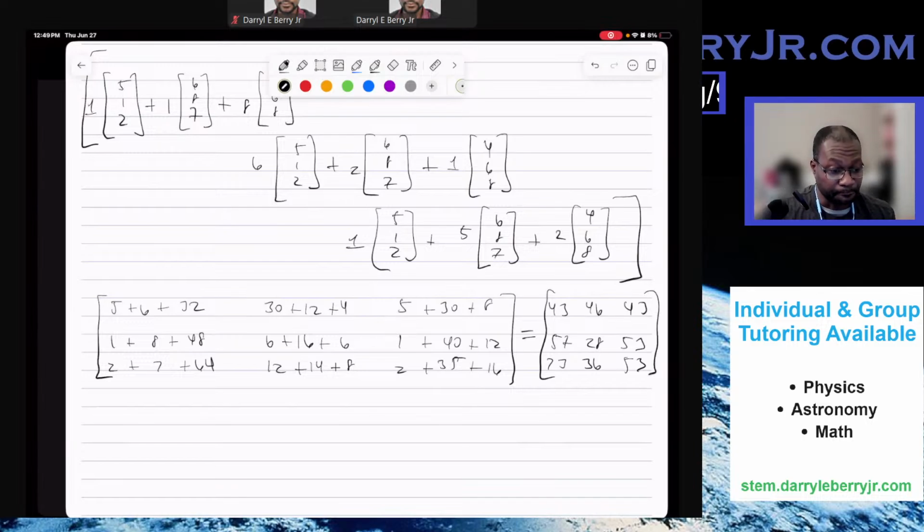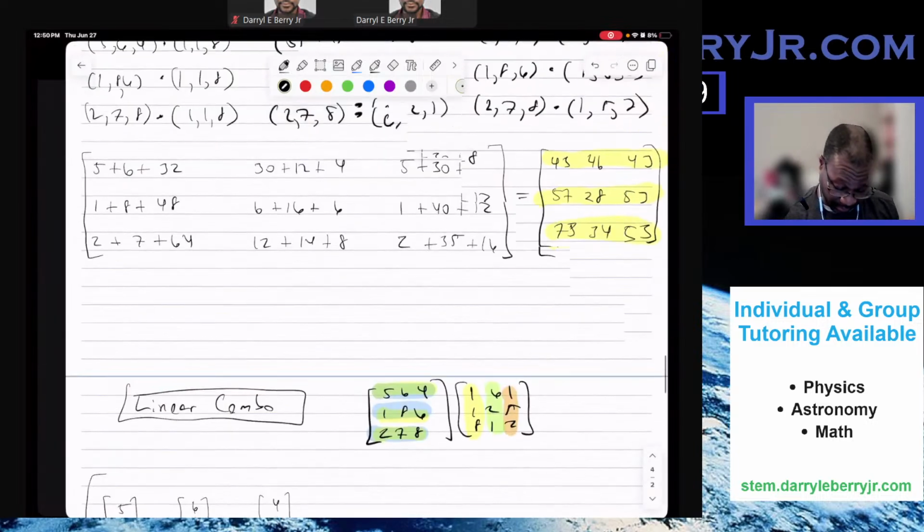So let's check that. 43, 46, 43, 57, 28, 53, 73, 34. So I added that wrong. 6, 26. Yep, 34. But on the exam, I'll be more careful with my math. 26, 34, and then 53. So that's correct. So that's the second way.